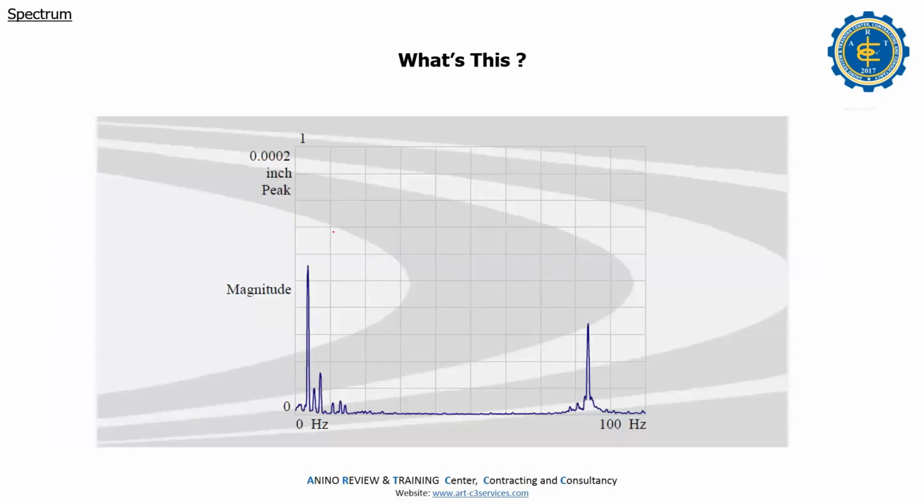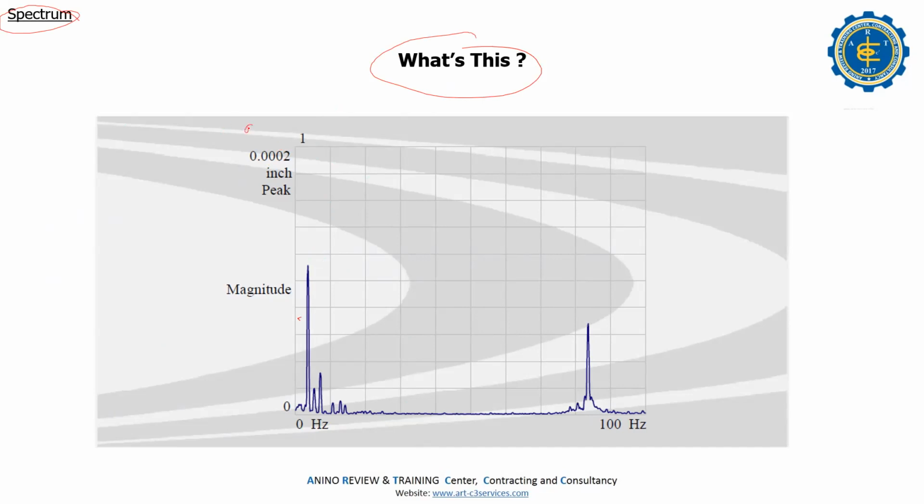So what is this spectrum? Amplitude, magnitude, and the frequency. Now we use inch per second because I got this one in English units. How do you read this one?